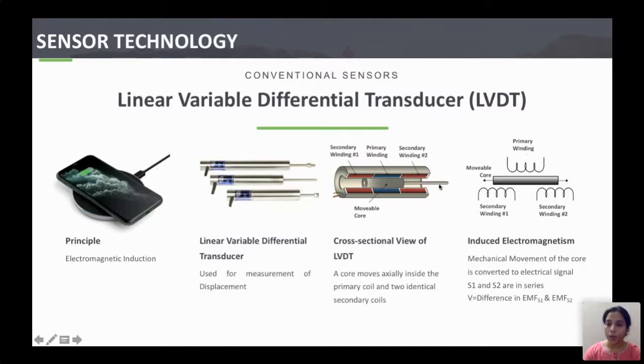Now, when the core is at the central position, there is no differential electromotive force across these two secondary windings. And when it moves in either direction, a voltage will be generated due to differential EMF across these S1 and S2 secondary windings. Now that voltage is calibrated to give you the displacement in the structures.